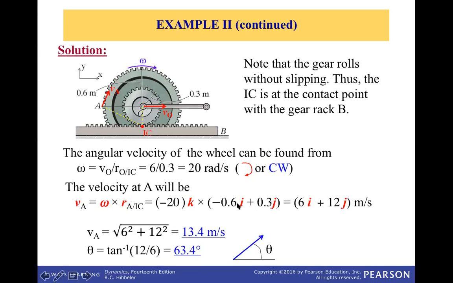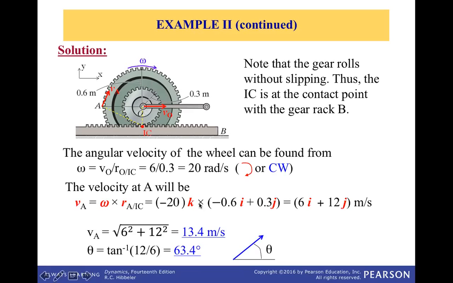Now for the R from A to IC, it's this guy. This is IC, so the x component, because this is towards the left here, should be minus 0.6, and then upward is positive y, so positive 0.3 j. Then you're doing the cross product. Minus 20 times minus 0.6 gives you 12, and the direction is k cross i.